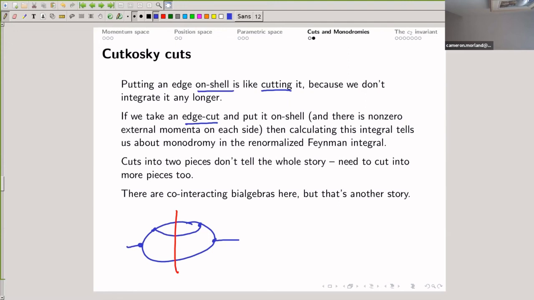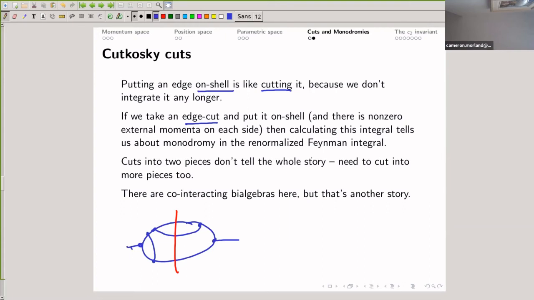Then calculating what's left, well, in this case, there's no integral because I've cut all the cycles, but if there was something left, there could still be a cycle to integrate over. That actually tells us something about the monodromy of the renormalized Feynman integral around the singularity that corresponds to the cut, basically.